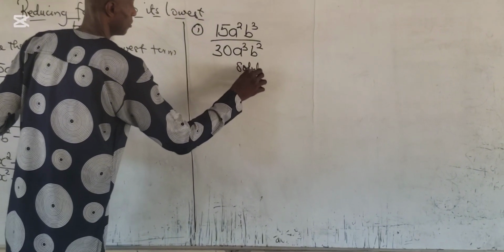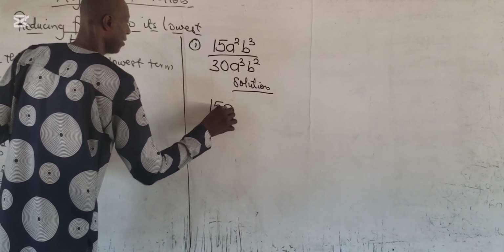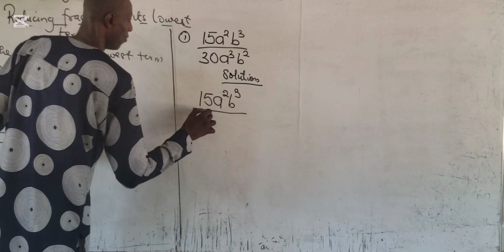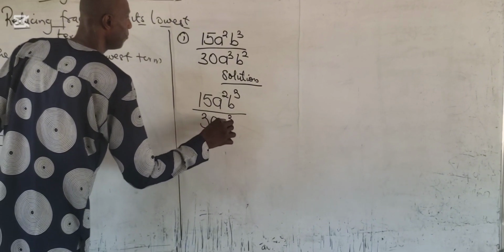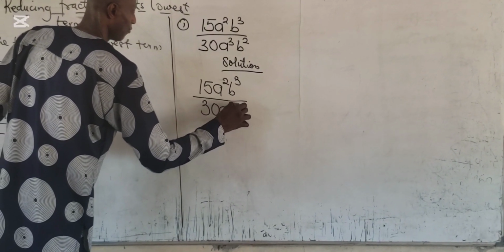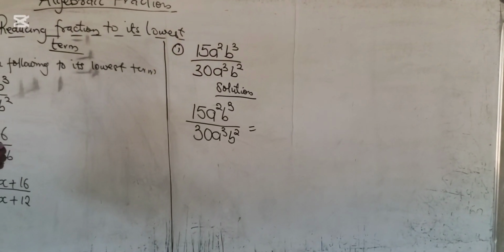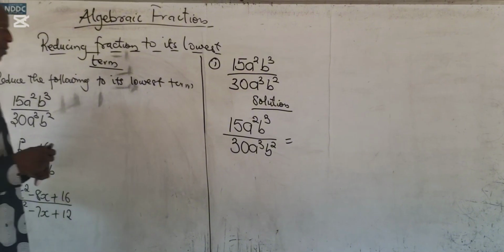Solution. 15a squared b cubed over 30a cubed b squared. Now you think of a common term that can divide the numerator and the denominator.